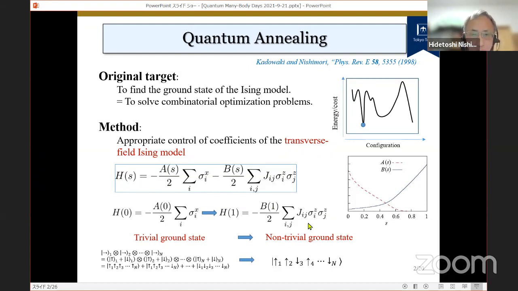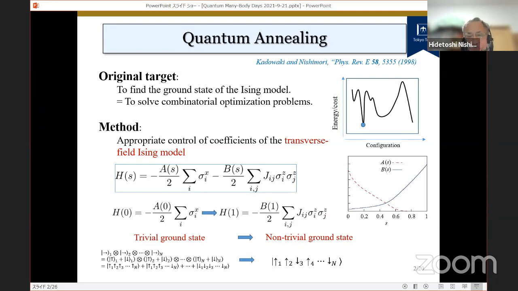And if we change those coefficients slowly enough, then the adiabatic theorem of quantum mechanics guarantees that the system state will stay very close to the instantaneous ground state at each S. The system traces almost exactly the instantaneous ground state from H0 to H1. So this trivial ground state is gradually changed to the final non-trivial ground state.